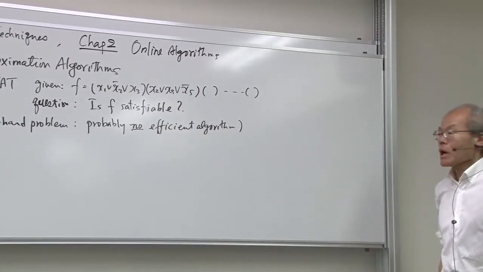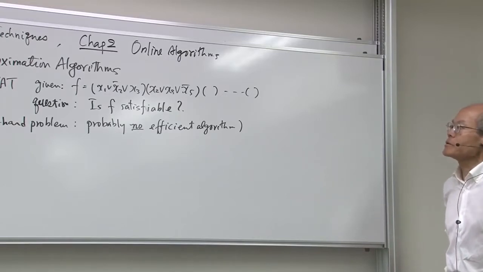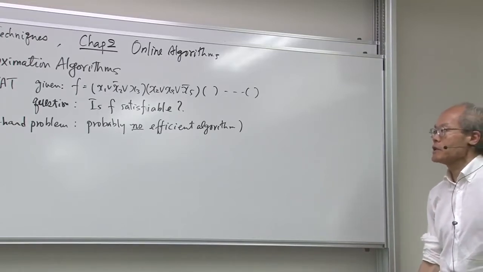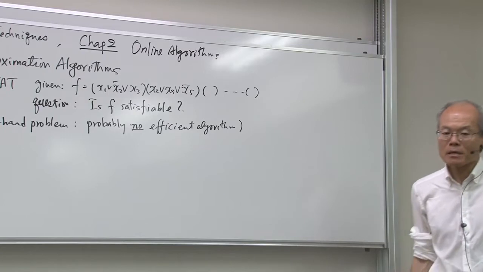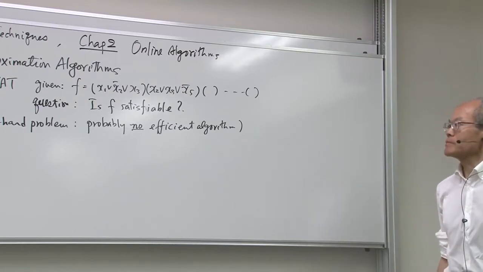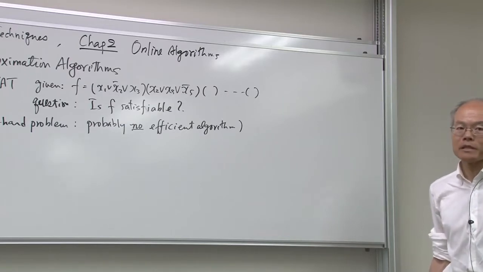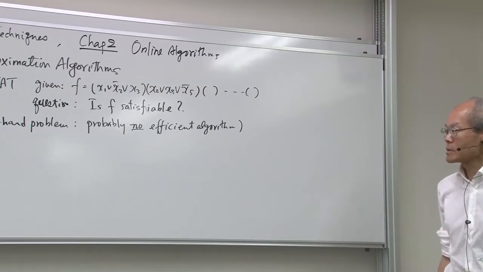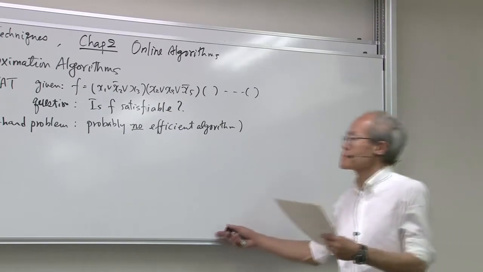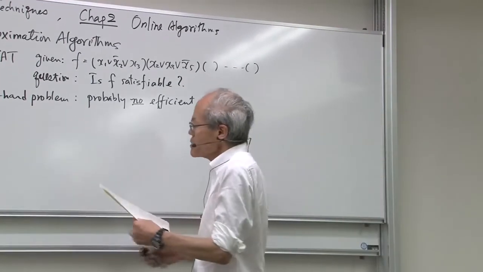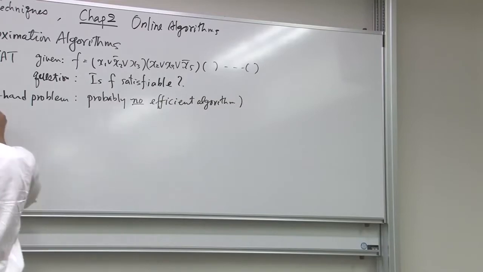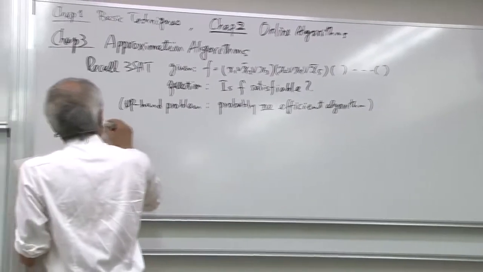Probably. I didn't tell you the details of NP-hardness, but if a problem is NP-hard, then it's good evidence that we don't have any efficient algorithm. Okay. But we do have a naive approach, of course. A trivial algorithm.